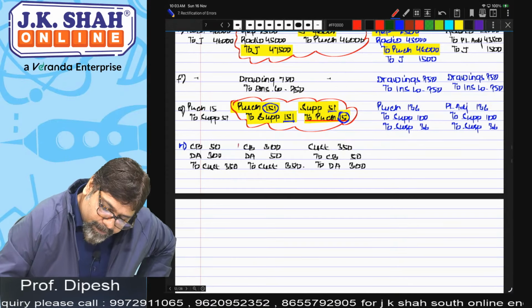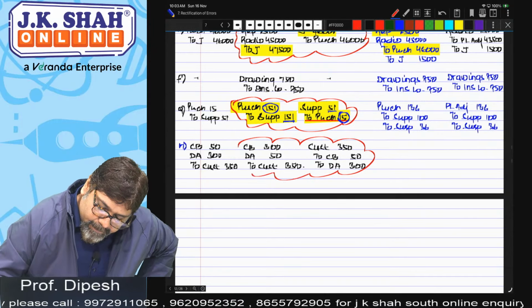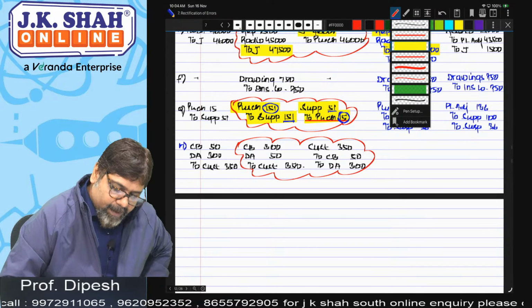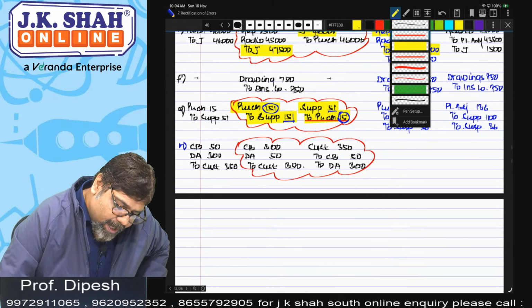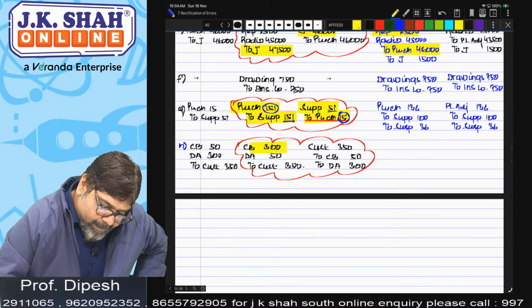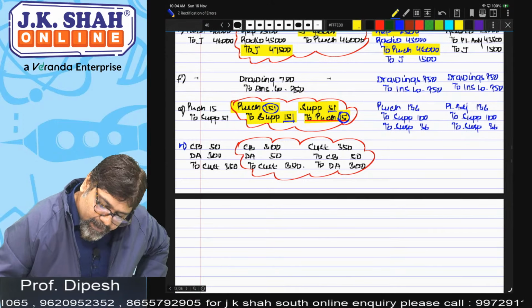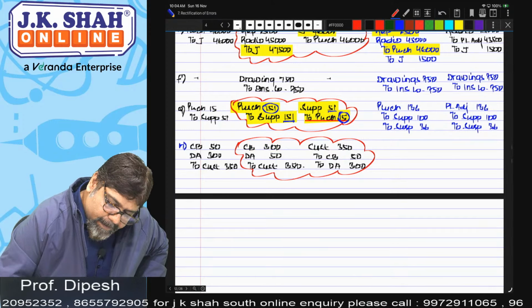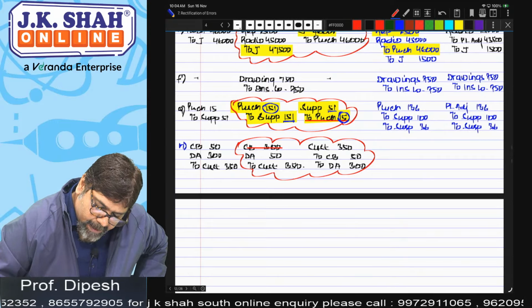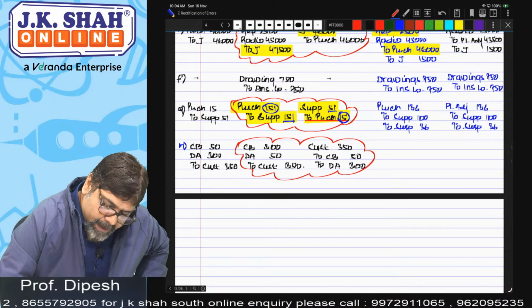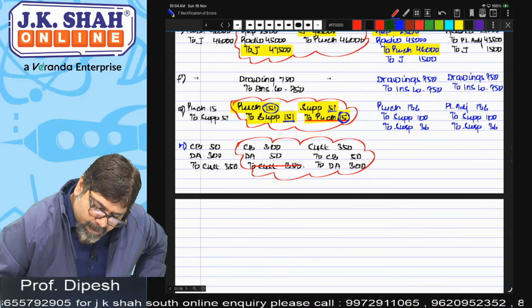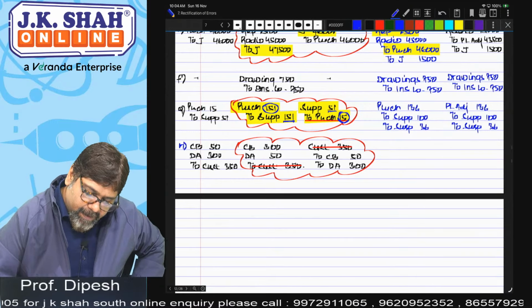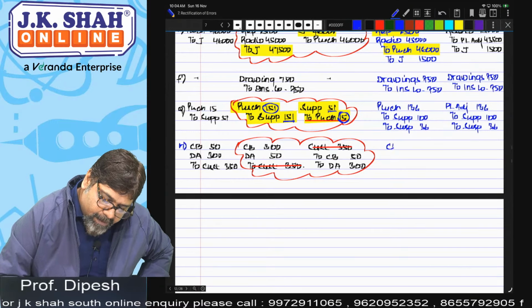Now combine, charted: cash bank debit 300, credit 50, so net cash bank debit 250.